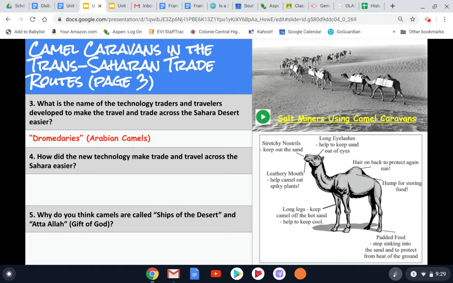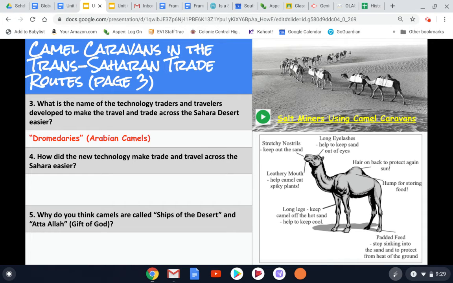So question 4, how did this new technology of an Arabian camel make trade and travel across the Sahara easier? As we respond to this one, think about these natural adaptations that the camel has. How could people use this camel that's so perfectly suited to the desert to get across the desert? Well, we said that the problem of crossing the desert was that it was really hot.